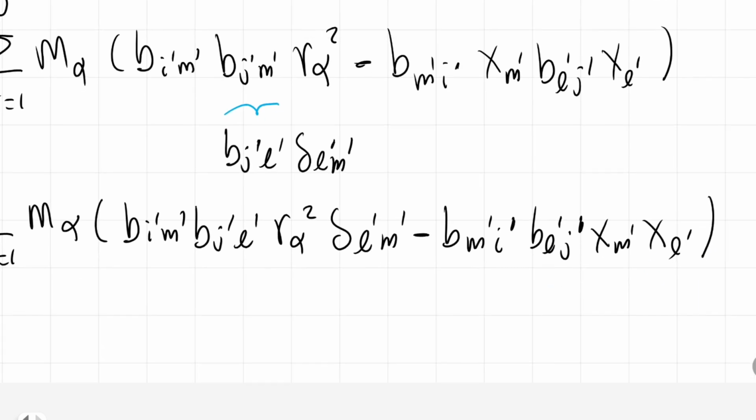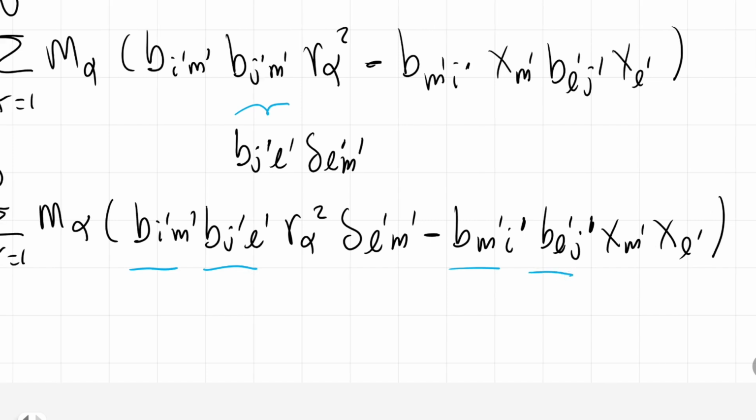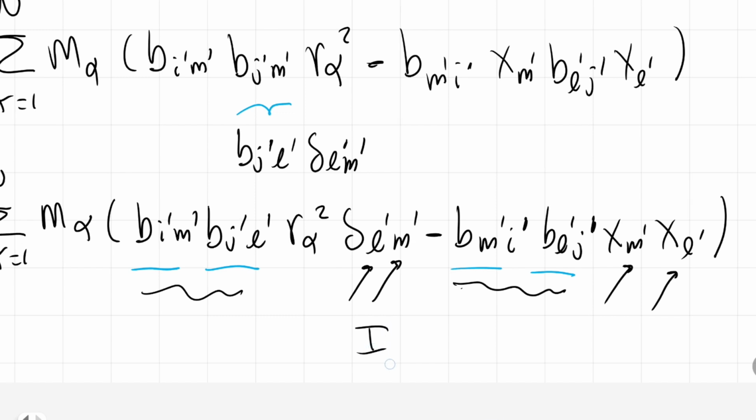So look that here we have b i m prime, and here b j prime l prime. What we can say about this is that this is very similar to the definition of the inertia tensor for the lm components. Look that if we take out this quantity and this quantity, we get exactly the definition of I l prime m prime.